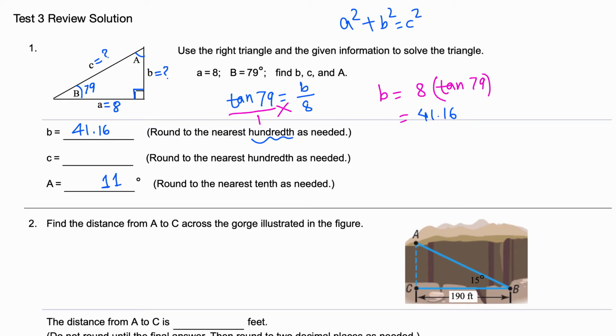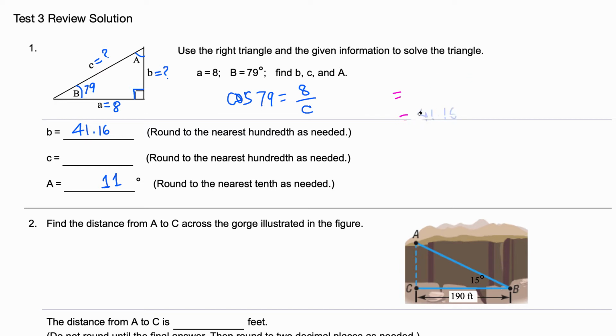So we can use cosine as well. Instead of tangent, we can use cosine 79, which is adjacent over hypotenuse, so a over c, 8 over c.